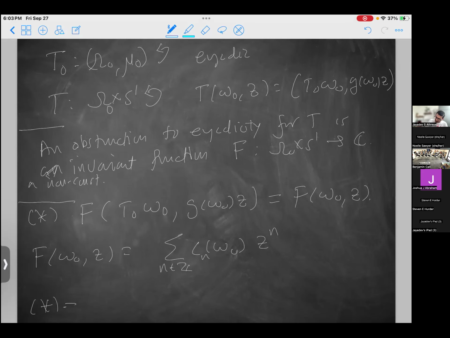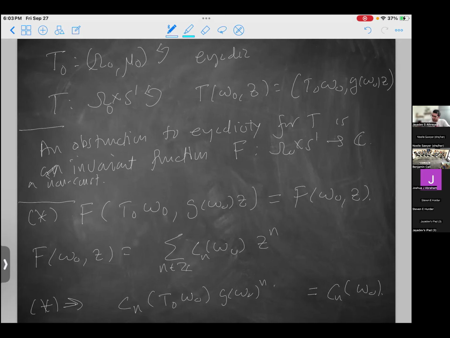So star implies C_n of T0 of omega 0, times G of omega 0 to the n, is equal to C_n of omega 0.